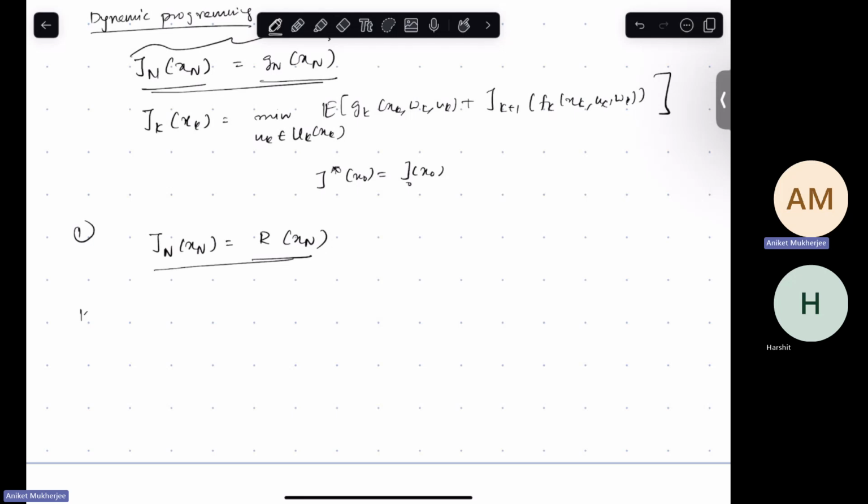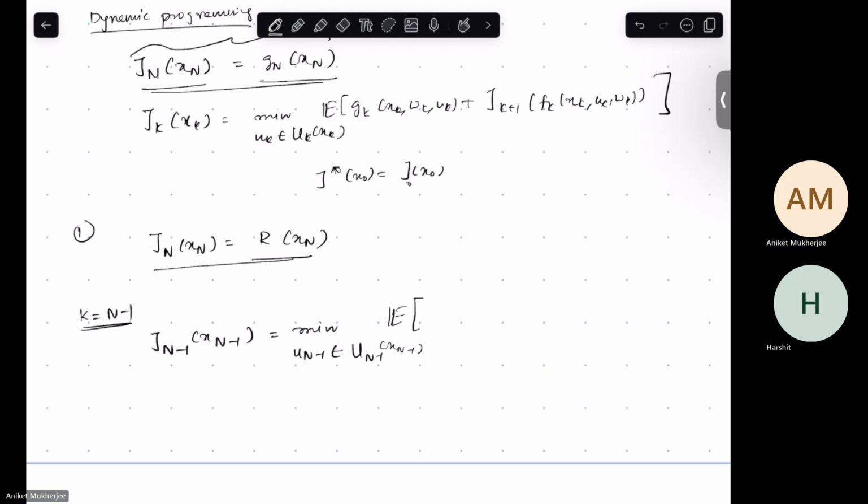Then the next step is k equal to n minus 1, right? So for k equal to n minus 1, you have J of n minus 1, x of n minus 1, which is you minimize over u of n minus 1. And you have expectation of, now it is the kth stage cost, right?